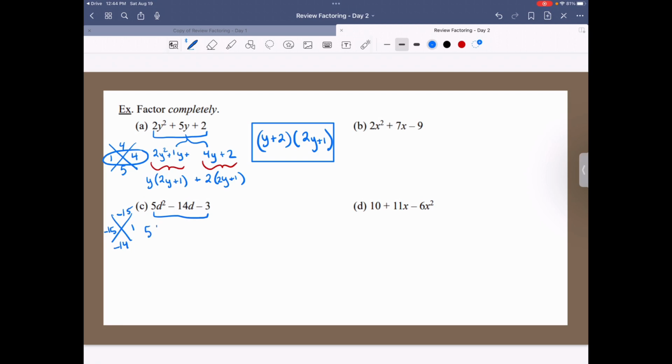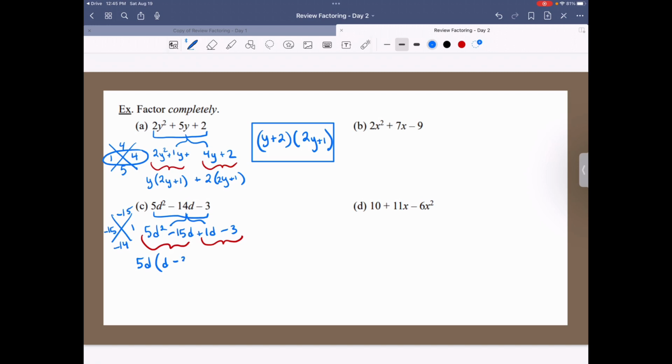So we have 5d squared. We're going to split the negative 14 into negative 15d and plus 1d minus 3. And I'm going to group these. And then we're going to factor out a 5d. And that becomes d, right?